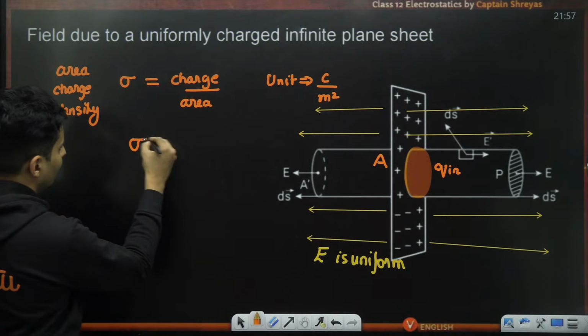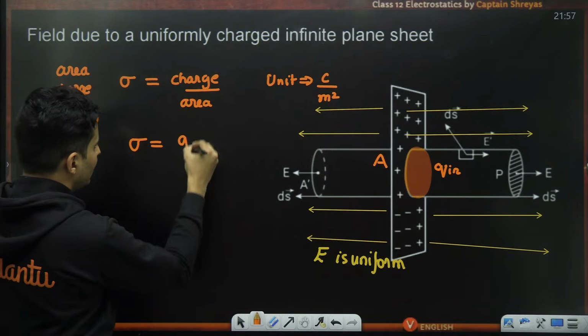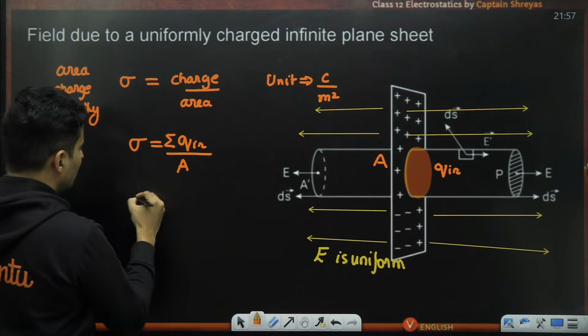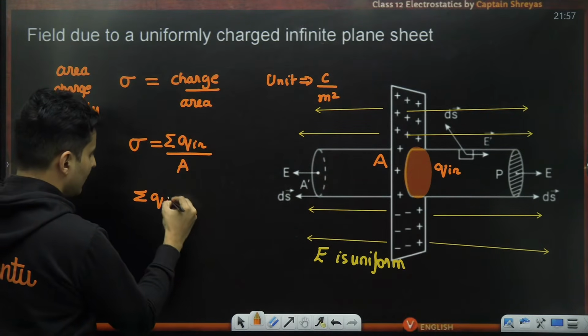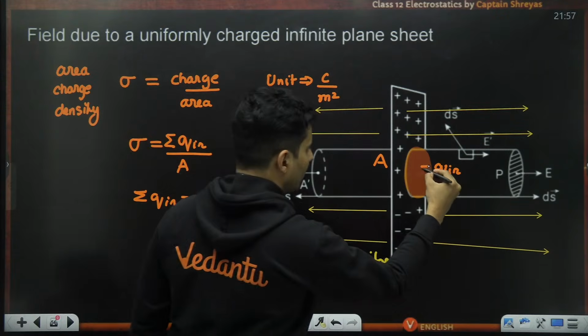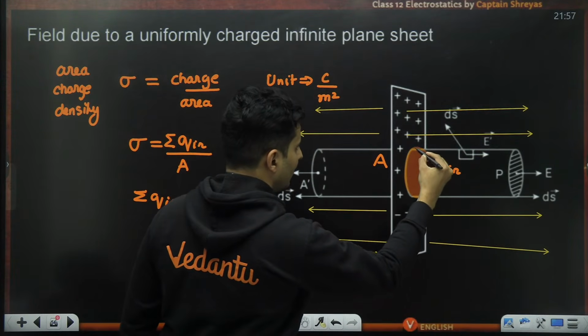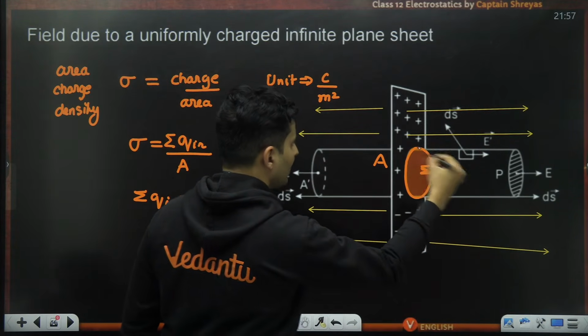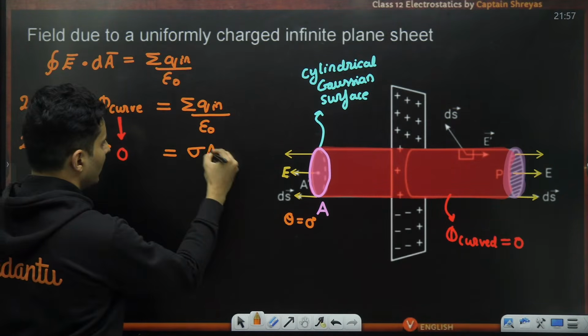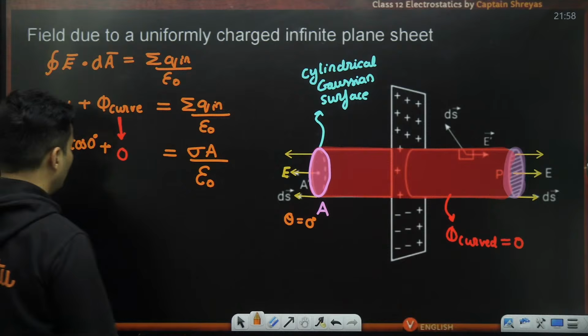So going by the definition of charge density, charge inside is sigma times the area. Therefore, the total charge which is inside is sigma multiplied by A. That is what we have to consider. So sigma into A by epsilon naught.